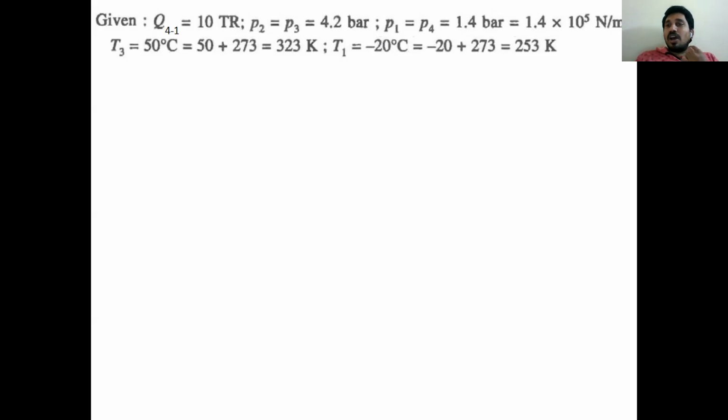Similarly, for the highest pressure limit, P2 is equal to P3, 4.2 bar; multiplying with 10 power 5 gives Pascal. After the cooler, T3 is 50 degrees Celsius, which is 323 Kelvin. T1, the temperature entering the compressor, is minus 20, which is 253 Kelvin.